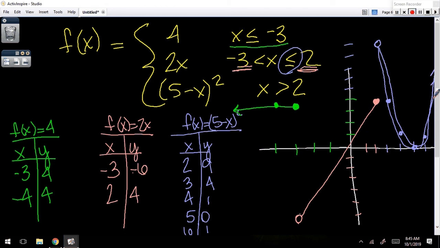But again, what's the domain of my function? That's correct. Negative infinity to infinity, right? Well, is it what now? Say that again. No, it's still negative infinity to infinity because every x is included left to right.